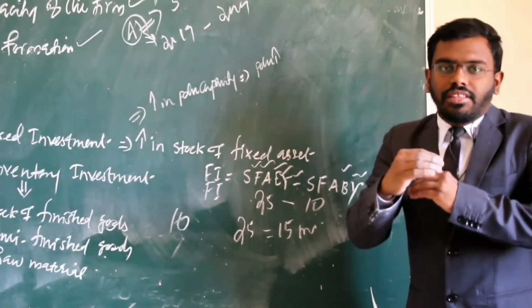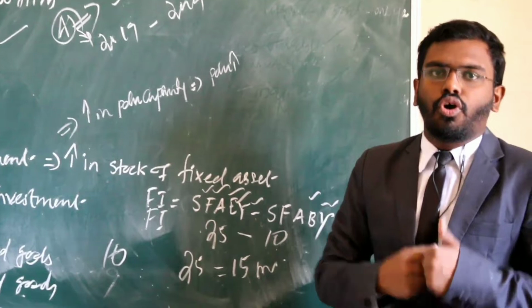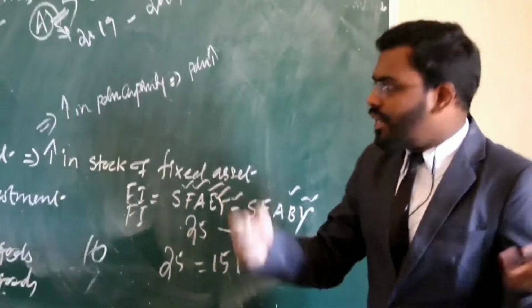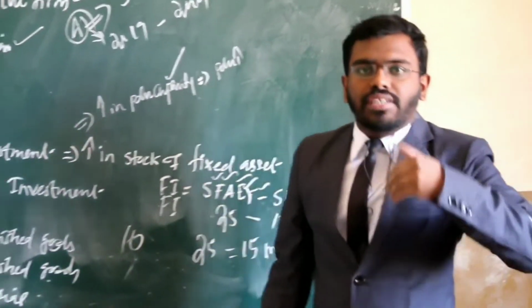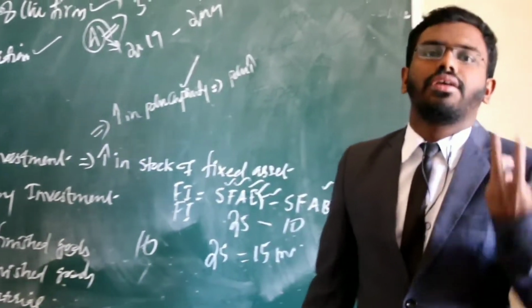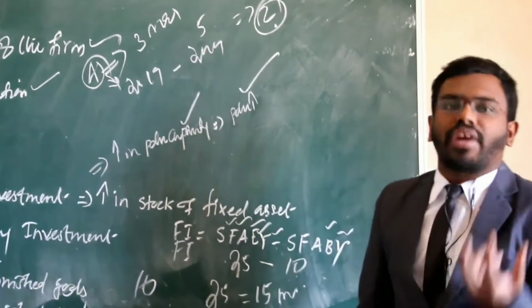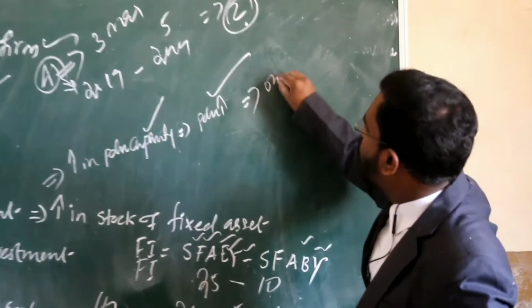When this fixed investment increases, or when stock of fixed asset increases, it will automatically increase the production capacity. When production capacity of the firm increases, then its production will increase. When production increases, what happens to output?